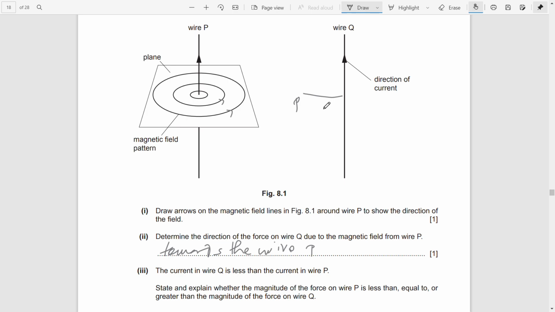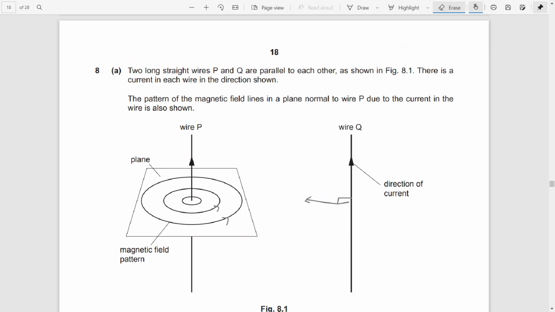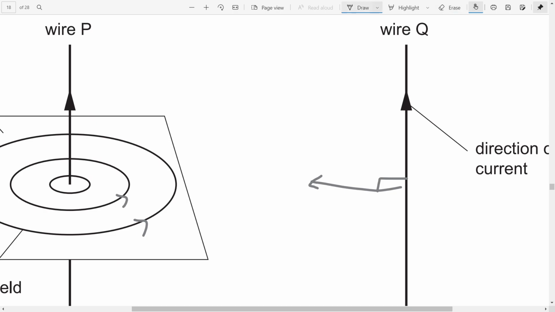This must be perpendicular, towards wire P. Okay, this is F, not P. A lot of time I get confused.